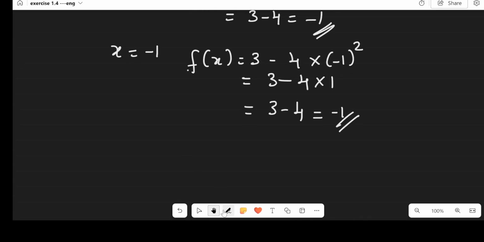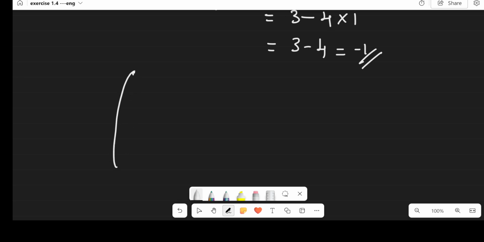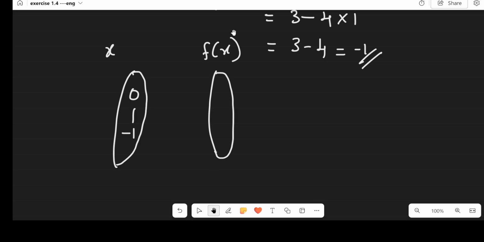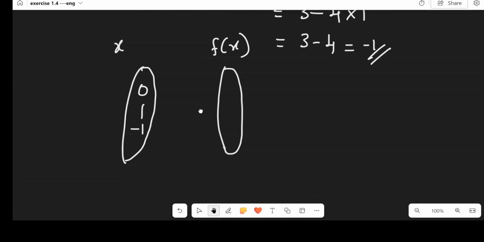If you want to draw the arrow diagram, what should it look like? This is x, this is f of x. The inputs I gave were 0, 1, minus 1. What I have gotten: 3 for 0, minus 1 for 1, and again minus 1.